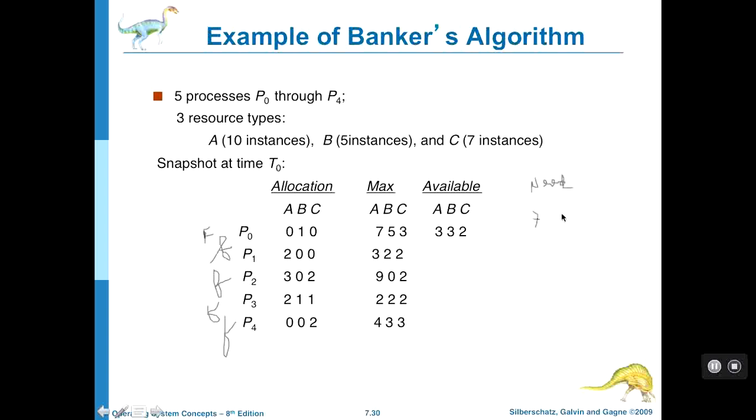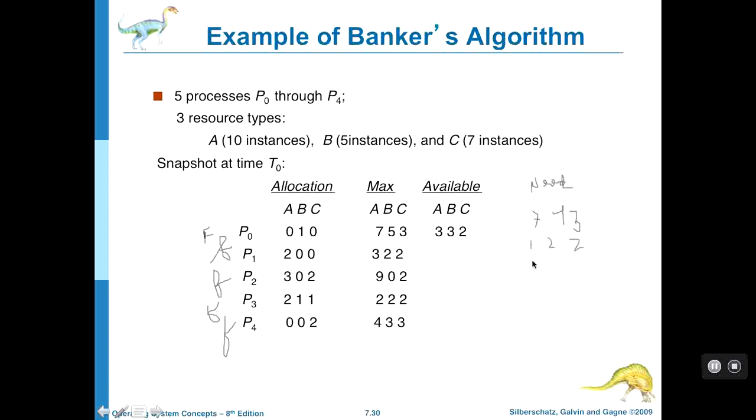And it has 1 of 5 allocated, so it could need 4 more. And this one has 3 max, but it doesn't have any allocated. And here we have, let's see, 3 minus 2, that's 1, and it doesn't have any of the others allocated.